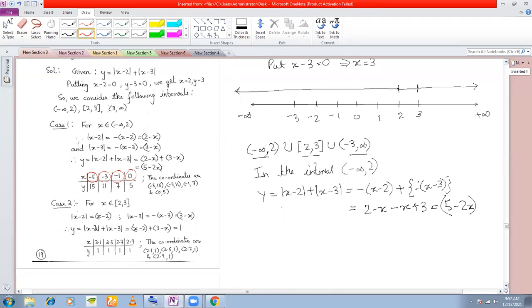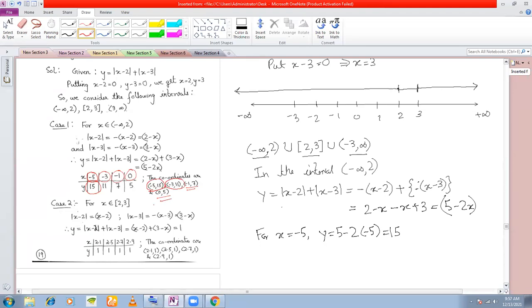For x = −5, I'm getting y = 5 − 2(−5), which is 15. So one coordinate is, just as in the case of straight lines, (−5, 15). Similarly, the other coordinates are (−3, 11), (−1, 7), and (0, 5). So 4 points I have got.